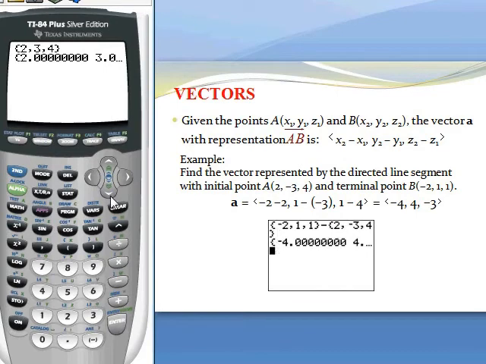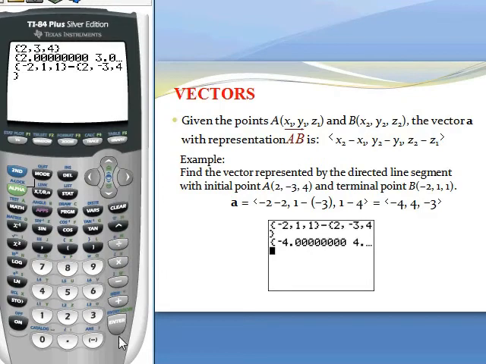Now, I will enter negative 2, 1, 1, which is the B points. Negative 2, comma, 1, comma, 1, close braces, minus A points, open braces, 2, negative 3, 4. So 2, comma, negative 3, comma, 4.